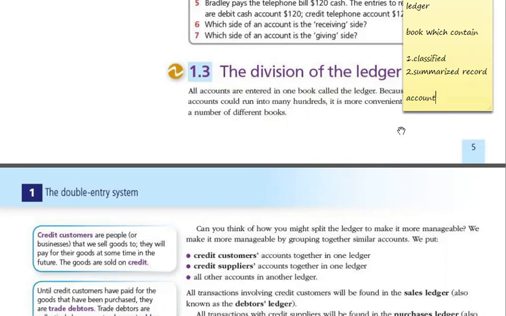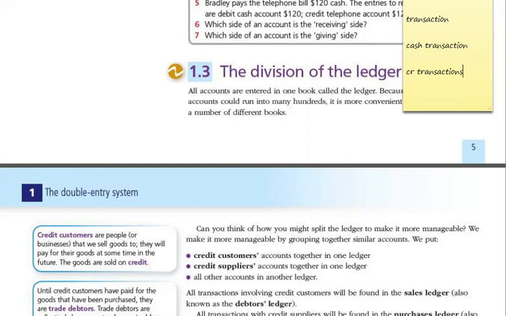Next, there are two types of transactions: cash transactions and credit transactions. In cash transactions, we are purchasing the goods, meaning we are taking the goods and giving the cash.